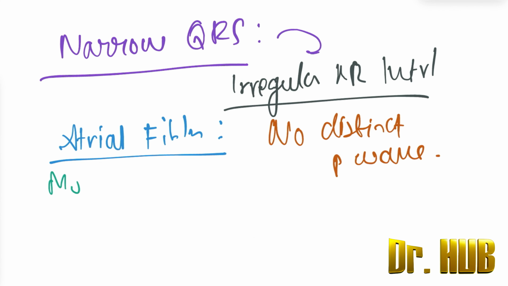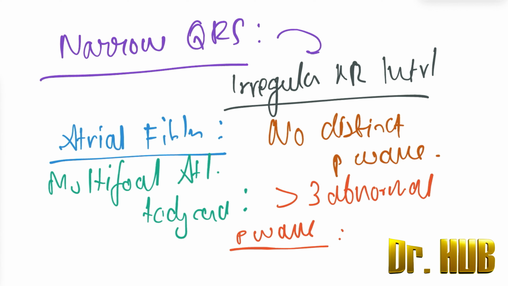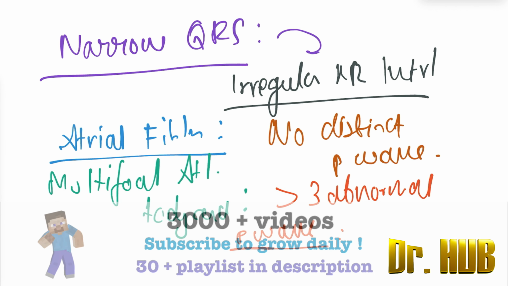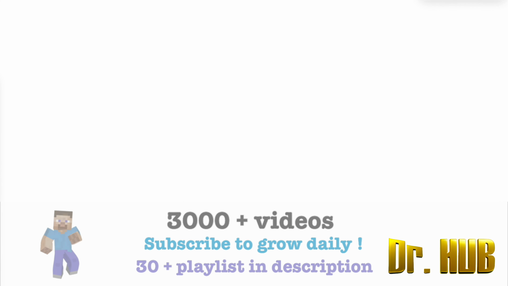Next, when you look at the multifocal atrial tachycardia, here there are more than 3 abnormal P wave morphologies seen. Then we are moving on to the atrial flutter.